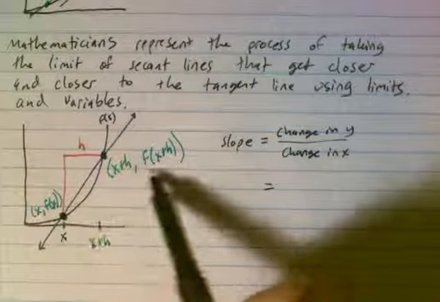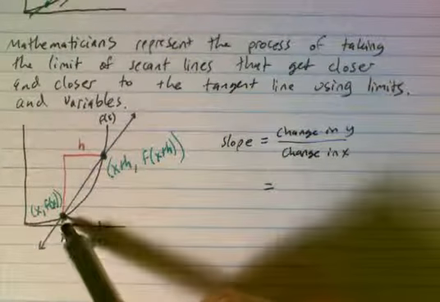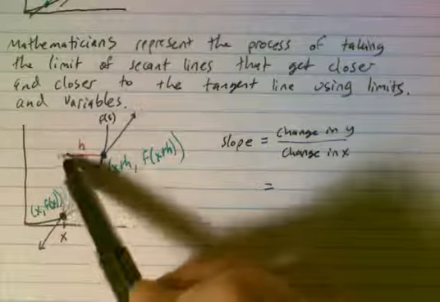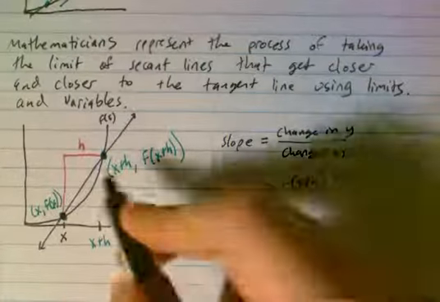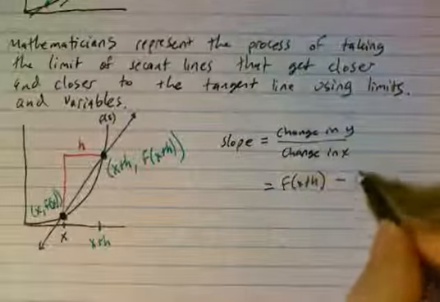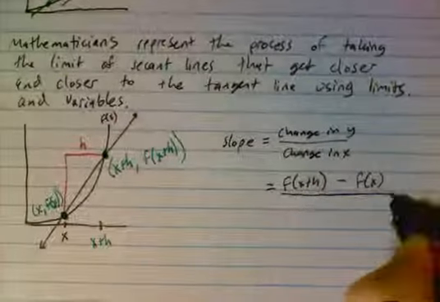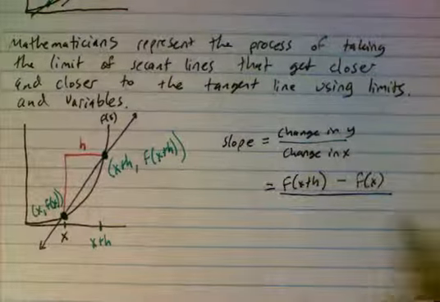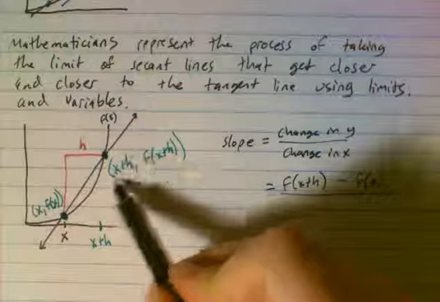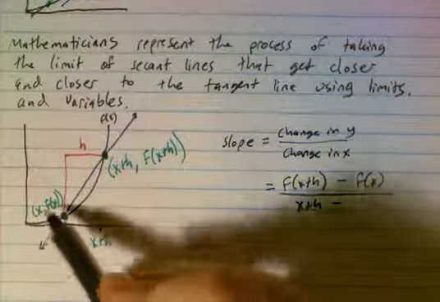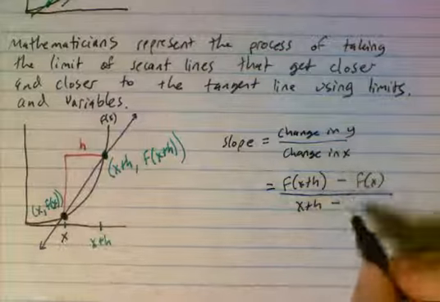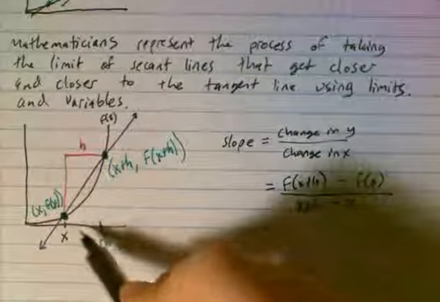So whatever this change in y is, to get from here to here, we just start with the higher number that we have, f of x plus h. We're going to subtract the smaller y value that we have, f of x. And for change in x, we're going to do the same thing. This is the larger x value, it's x plus h. And we're going to subtract the smaller x value, which is just x, to get the distance between the two.